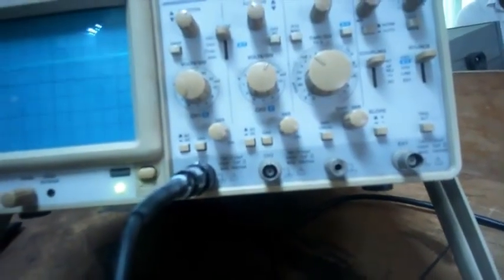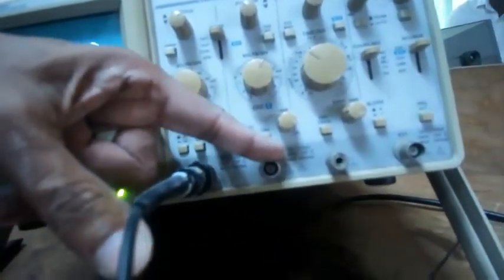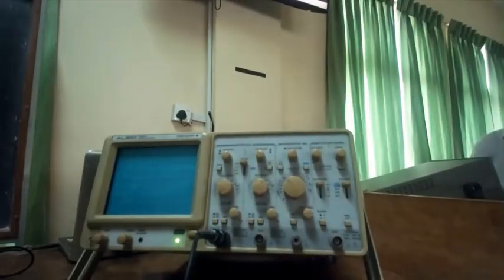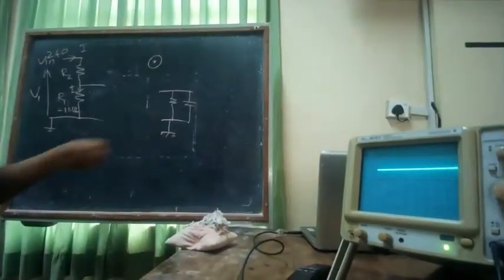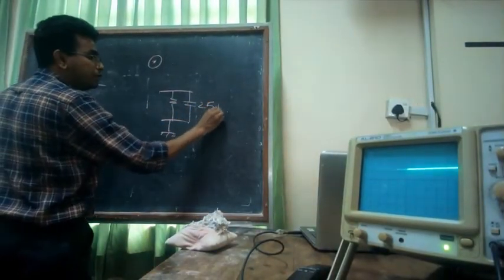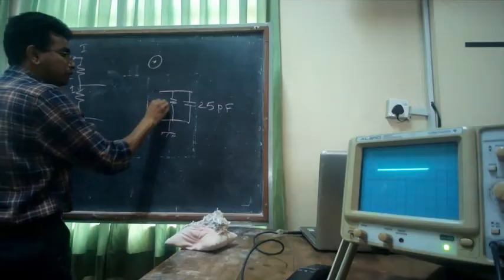You can see in your one also, it says right here, you can check and confirm, right? It says 25 picofarad. So therefore, there's a 25 picofarad also. So this is 25 picofarads, 1 meg.